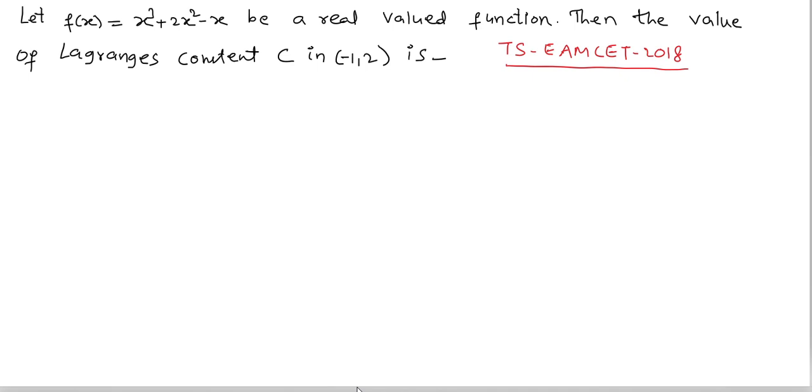Clearly the given function f of x is continuous in the closed interval [minus 1, 2] and differentiable in the open interval (minus 1, 2), since every polynomial function is differentiable. By Lagrange's mean value theorem, f dash c is equal to f of 2 minus f of minus 1 by 2 minus of minus 1.